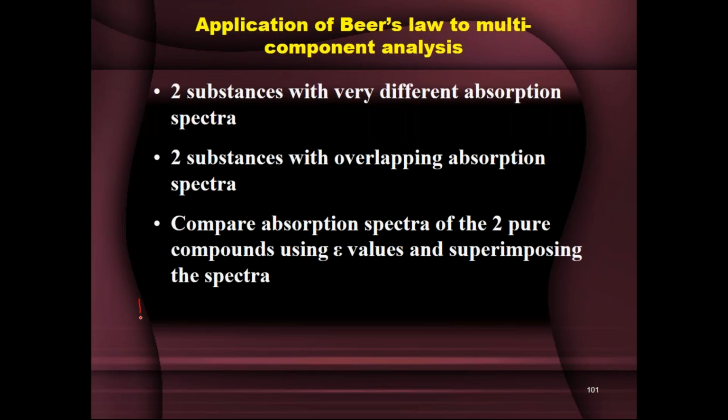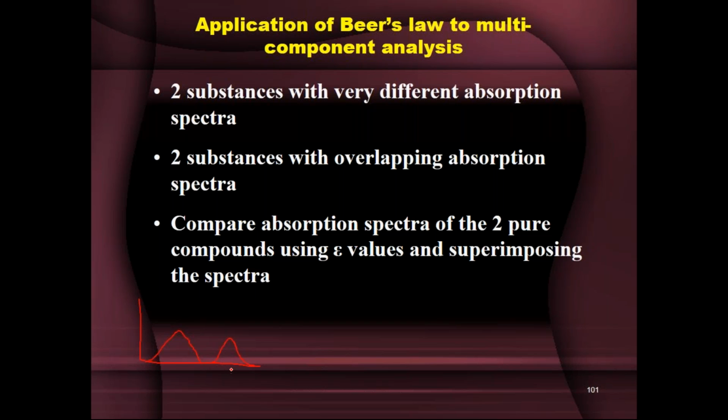Something like this. Suppose you draw a spectrum, you get a peak for one drug, and then you get a peak for another drug. These two drugs are there, but they are absorbing at very different wavelengths. This is very rare, but it is possible.